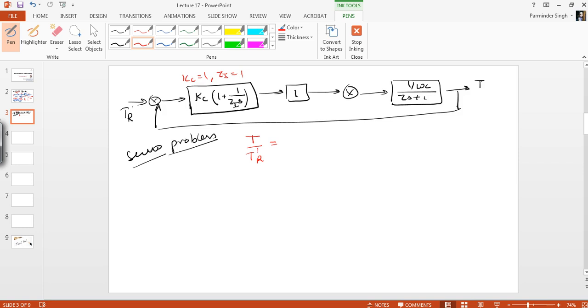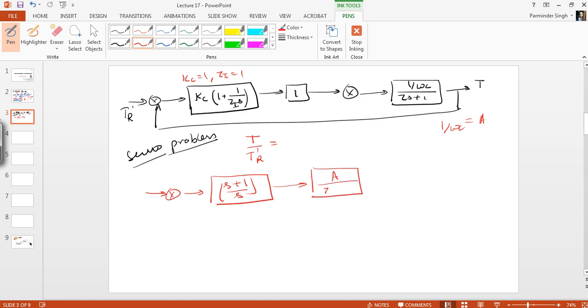So let's find out the overall transfer function, that is T by T R dash. Our block diagram looks something like this. We have s plus 1 over s, because Kc is 1 and tau I is 1, this can be rearranged, and that's 1. Okay, 1 by Wc can be taken as A, so we have A upon tau s plus 1.